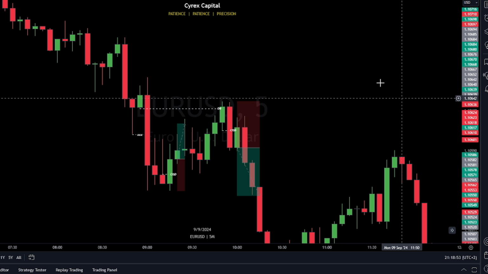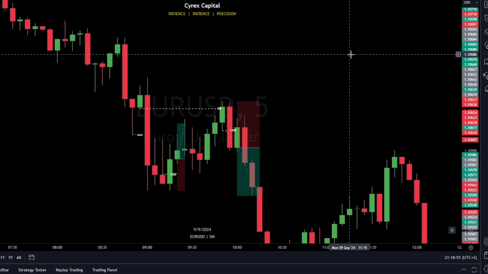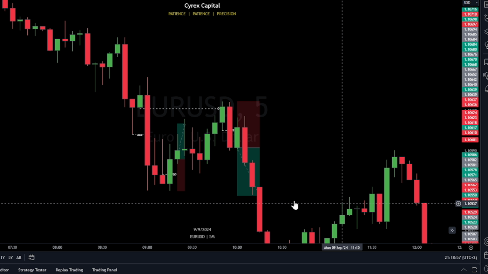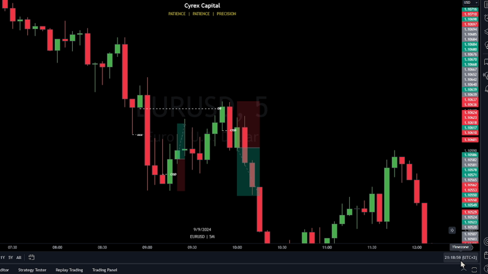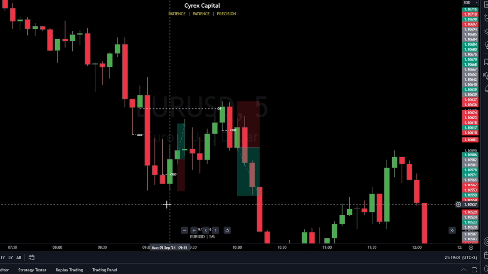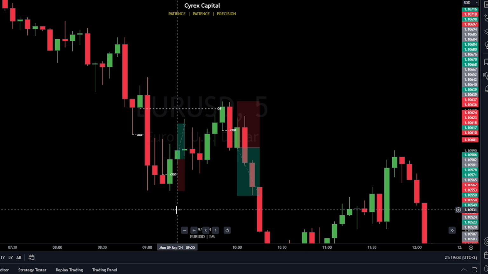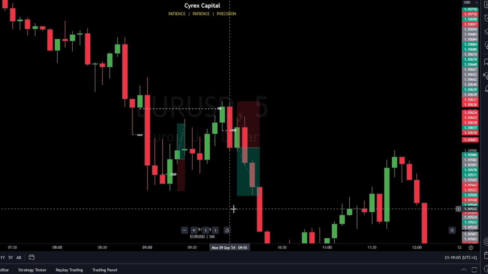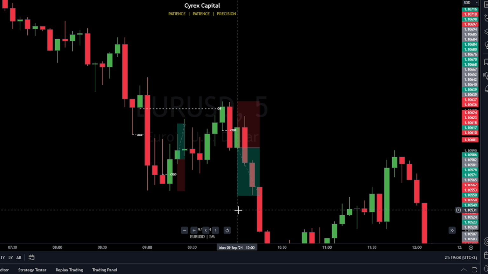Okay, so these are the two trades that I took today. This time is standard South African time, which is UTC+2. The first trade was placed at around 9:20, and the second trade I placed at around 10 o'clock.